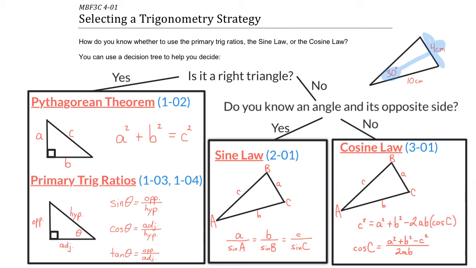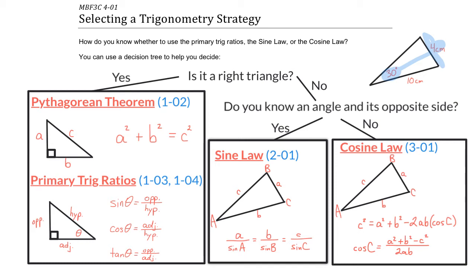So these are all the different strategies we have when it comes to trigonometry problems. Your job is to analyze the question to figure out which one is the best to use. And in any given problem, you might use a combination of these different strategies depending on what information you have.